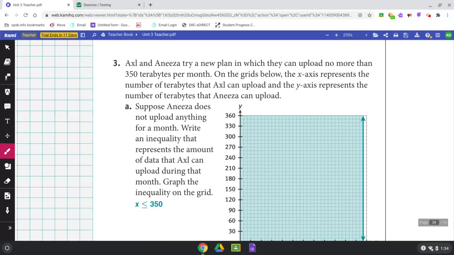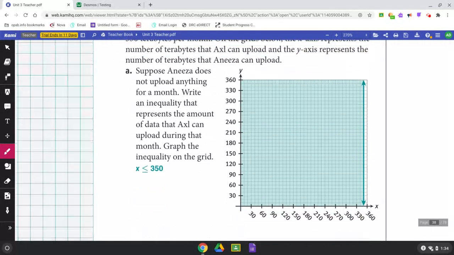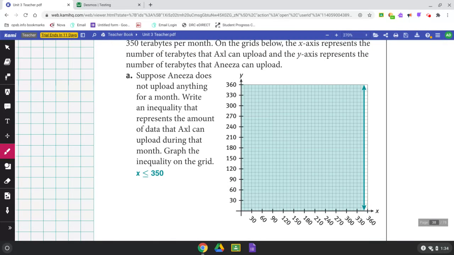Number 3, Axel and Anisa try a new plan in which they can upload no more than 350 terabytes per month. On the grid below, the x-axis represents the number of terabytes that Axel can upload, and the y-axis represents the number of terabytes that Anisa can upload.